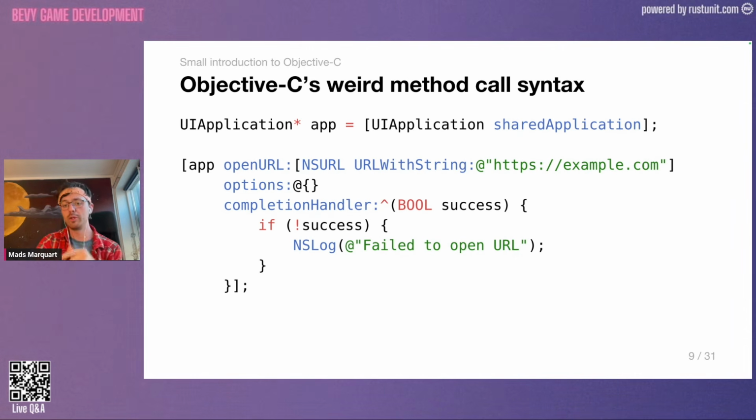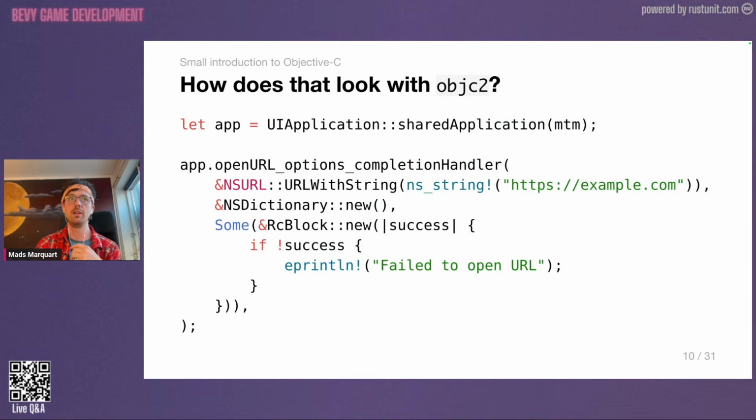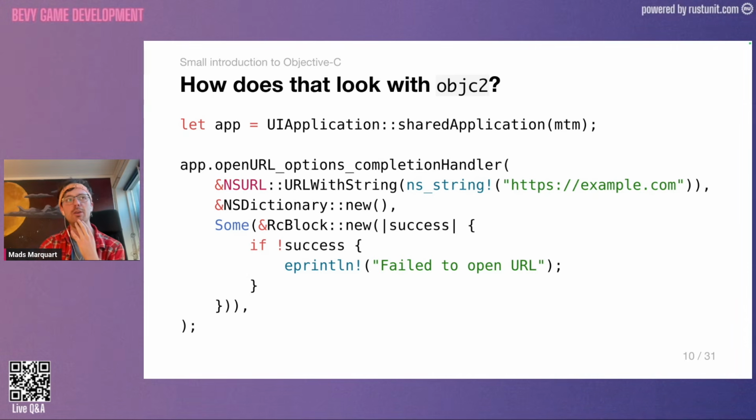So if we want to translate that to Rust, it looks something like this. We take the UI application, call a static method on that, and then call a method later on the application.